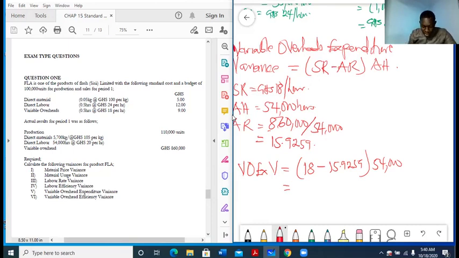So that will give us 2.0741, favorable, times 54,000, and that gives us a favorable variance of 112,000 F.